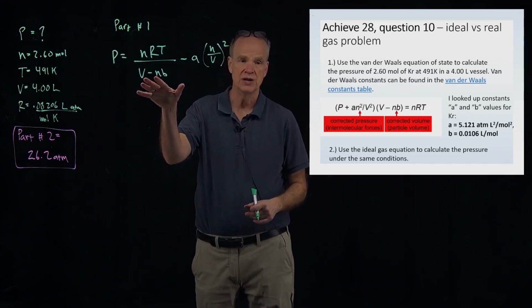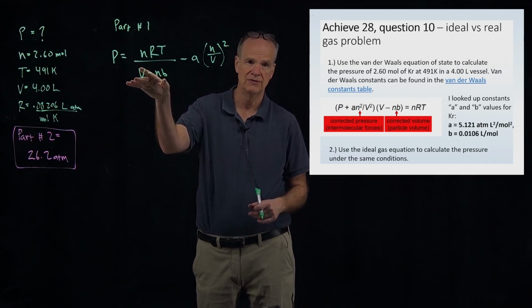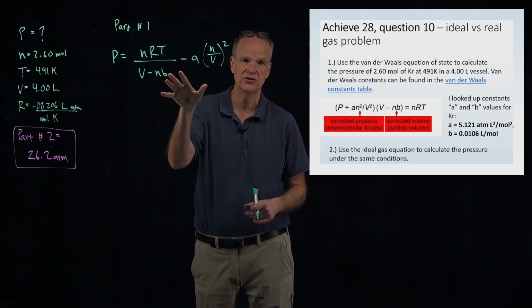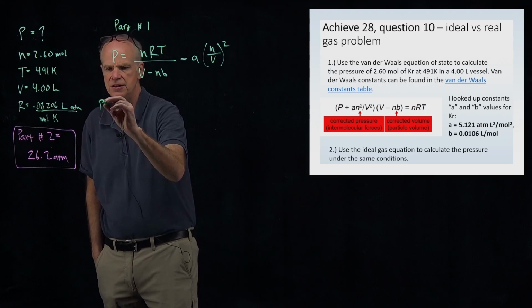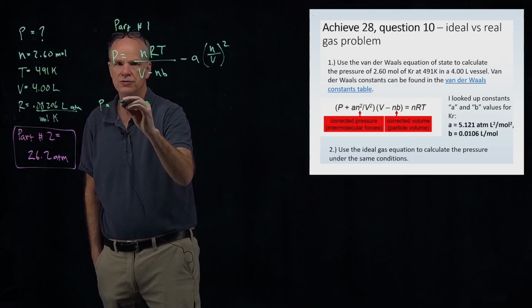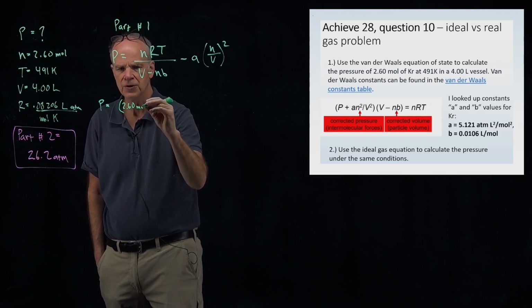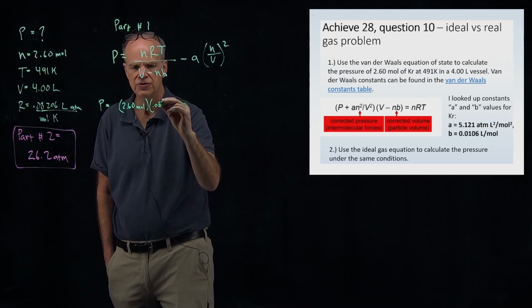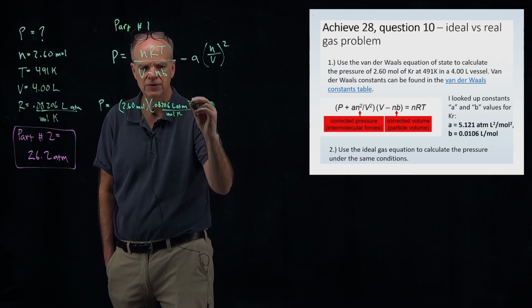Okay, so I've rewritten the van der Waals equation of state where I've solved it for p. So now at this point, you can just plug in numbers and carefully work out the math to get an answer. So here we go. p is equal to n, which is 2.60 mole, R is going to be 0.08206 liter atmosphere over mole Kelvin.